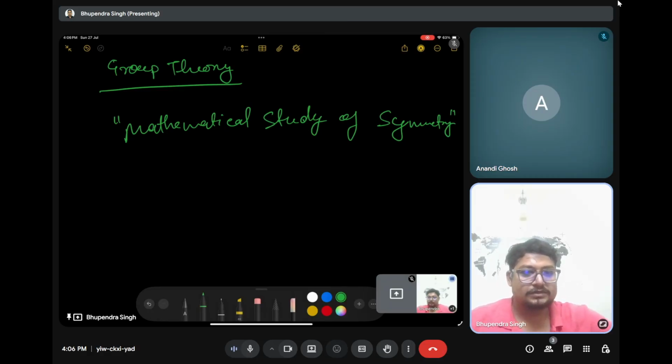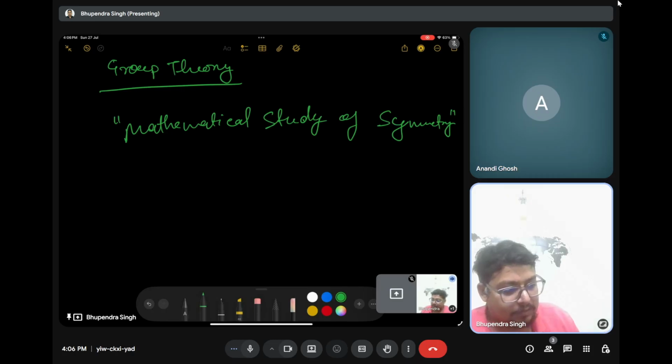After doing conformation and orientation changes of any object or molecule, we will get the equivalent orientation and the identical orientation.